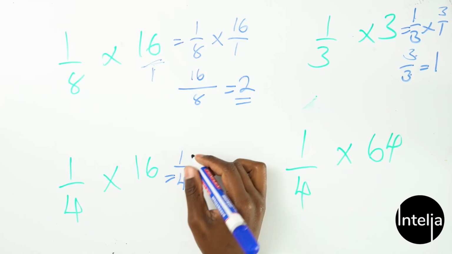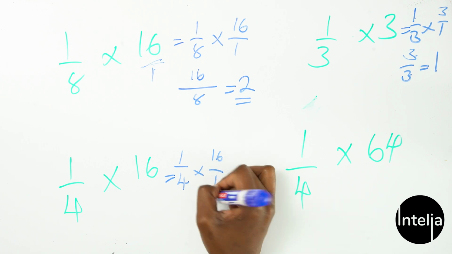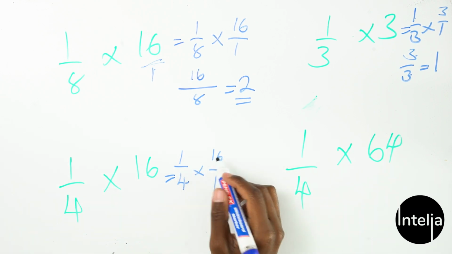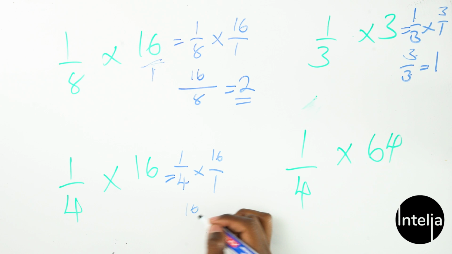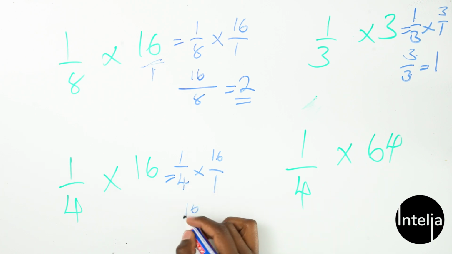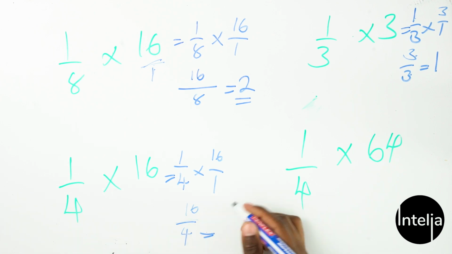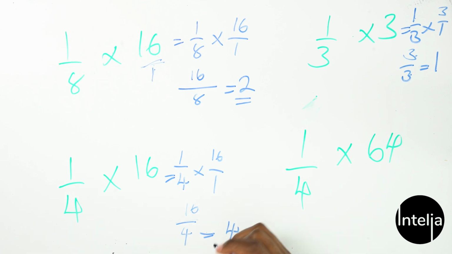1 over 4 times 16 over 1. 1 times 16, that's 16. 4 times 1, that's 4. 4 into 16, that's 4. Your answer is 4.